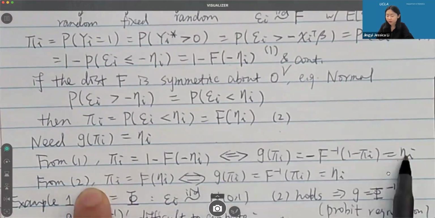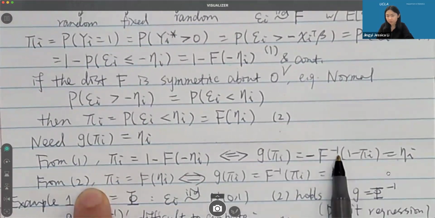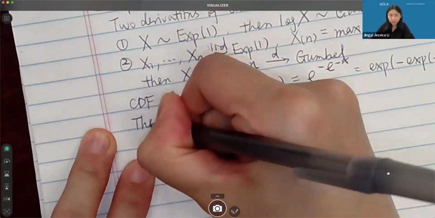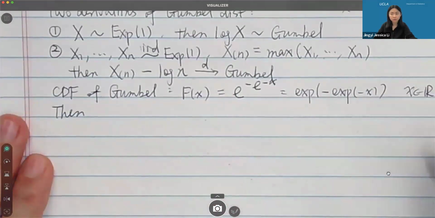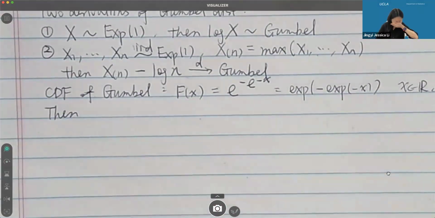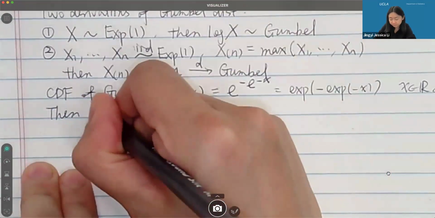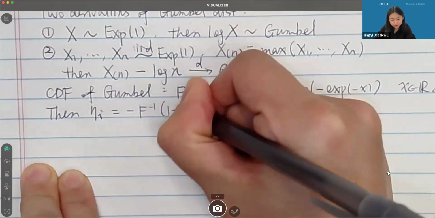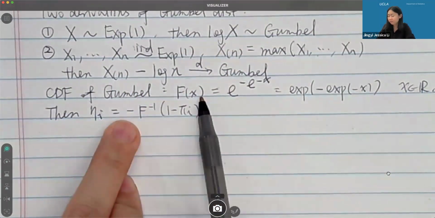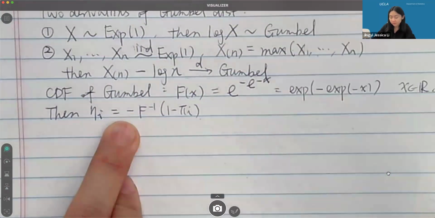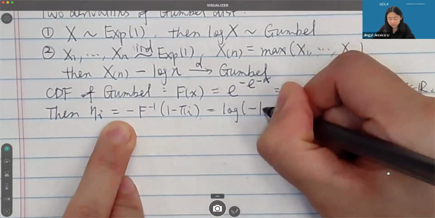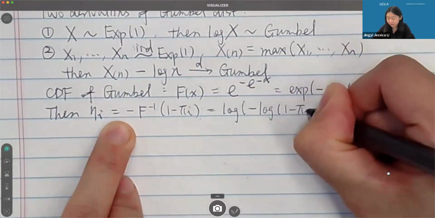So eta i is negative F inverse of 1 minus pi i. We find the inverse of this F function, and interestingly, it is log of minus log of 1 minus pi i.